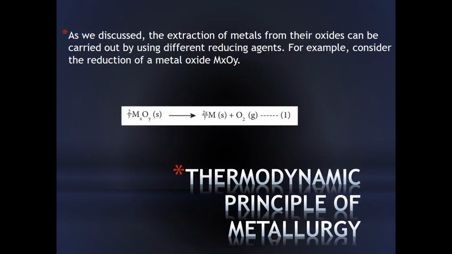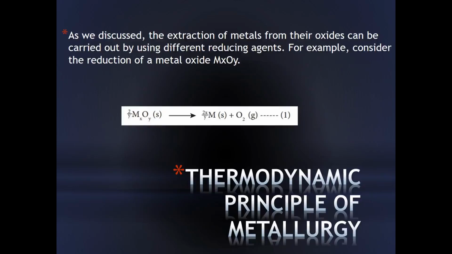For example, consider the reduction of a metal oxide MxOy, where M is the metal and O is the oxygen. You are converting that metal oxide to metal plus O2, and O2 is expelled. This principle is used in the thermodynamic principle of metallurgy.